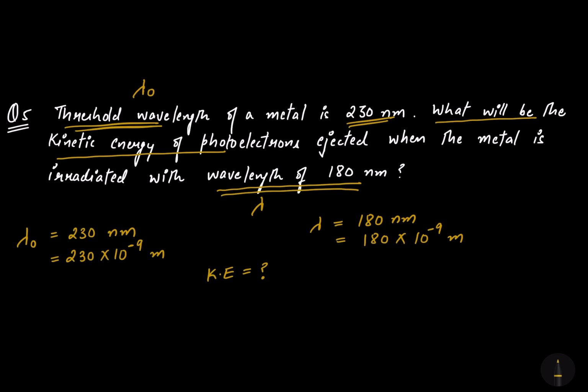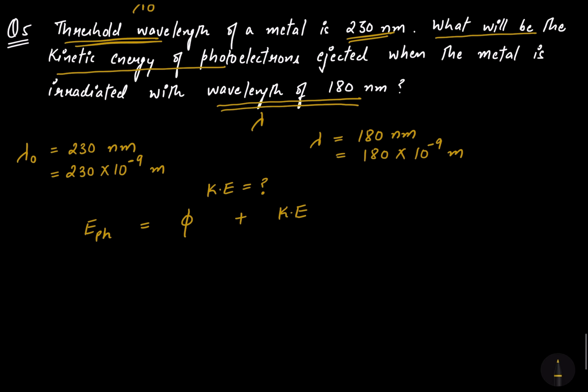Okay, so let me write the formula. The energy of photon will be equal to phi, that is work function, plus kinetic energy of the electron that has been emitted. So energy of photon is hc by lambda. The work function is hc by lambda naught, plus kinetic energy.